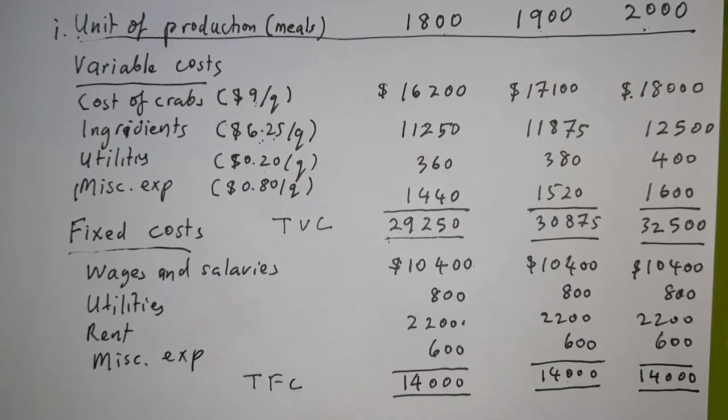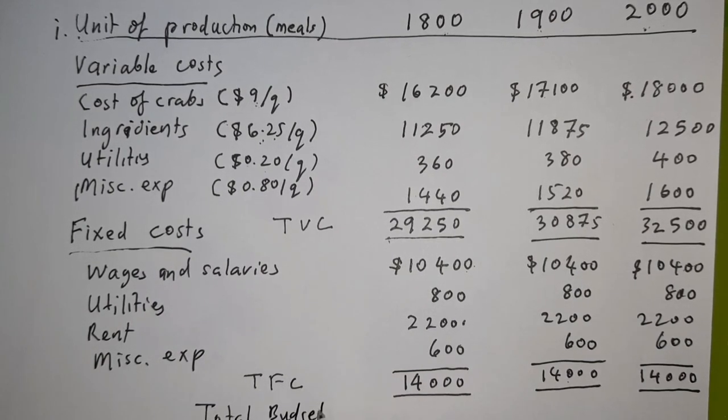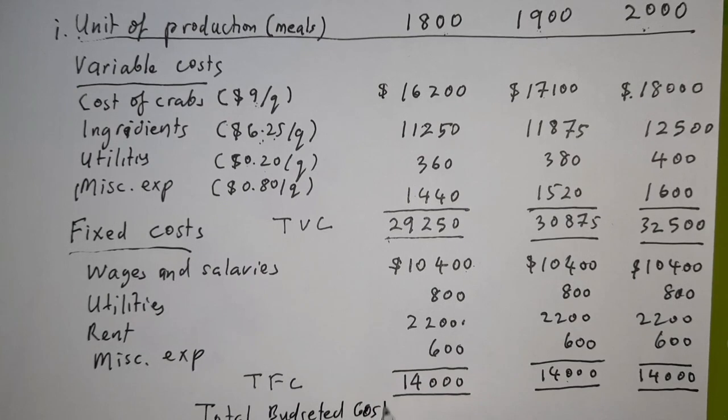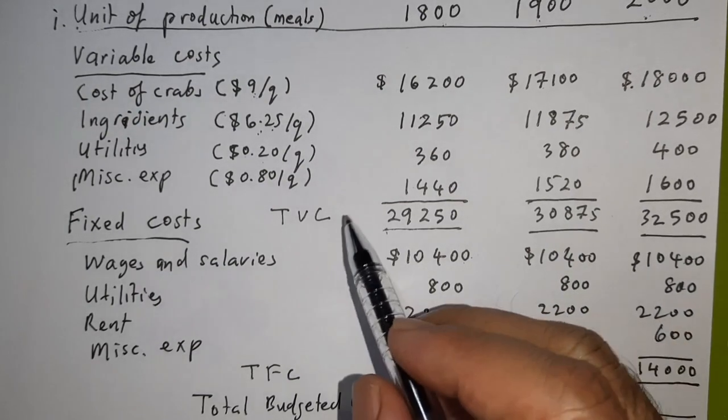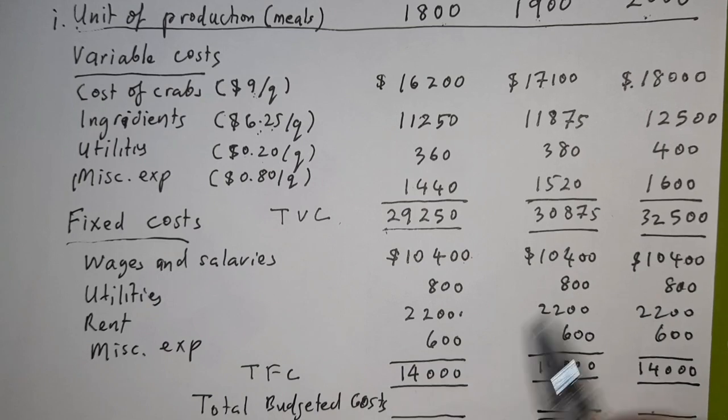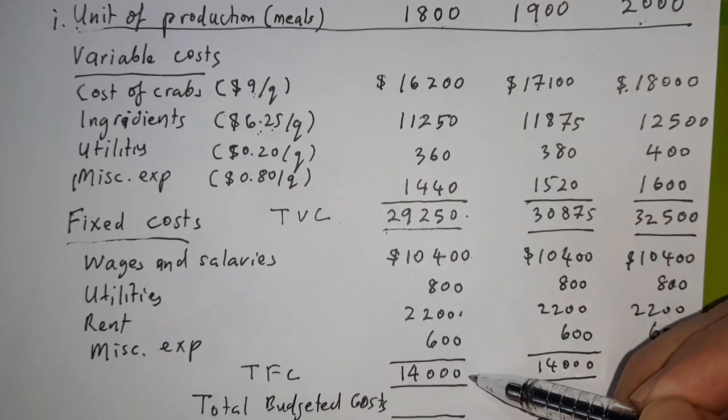Now you can calculate the total budgeted cost. Okay, total budgeted costs are total variable cost plus total fixed cost.